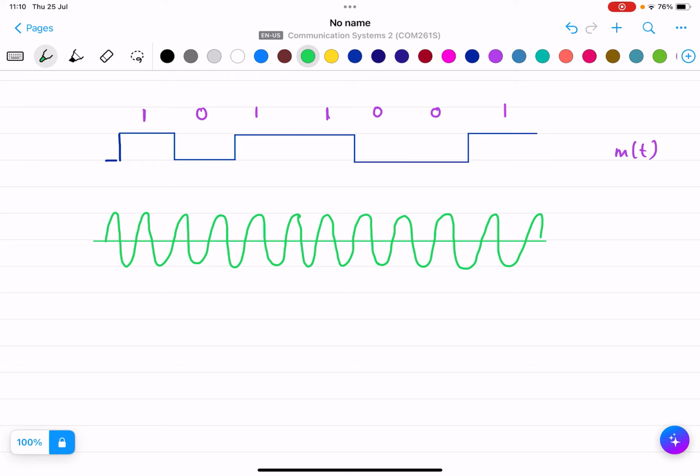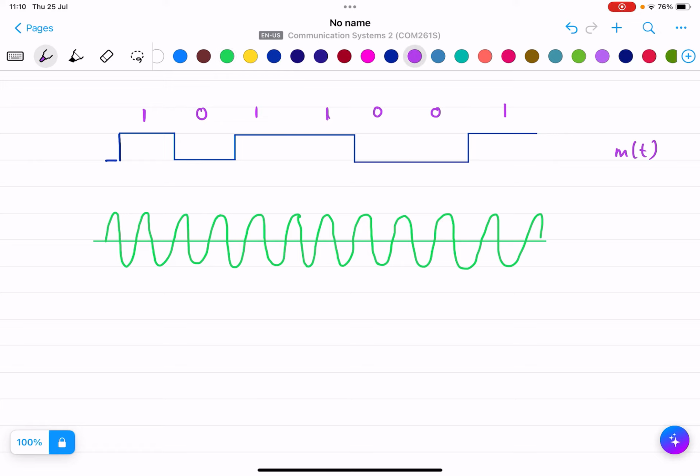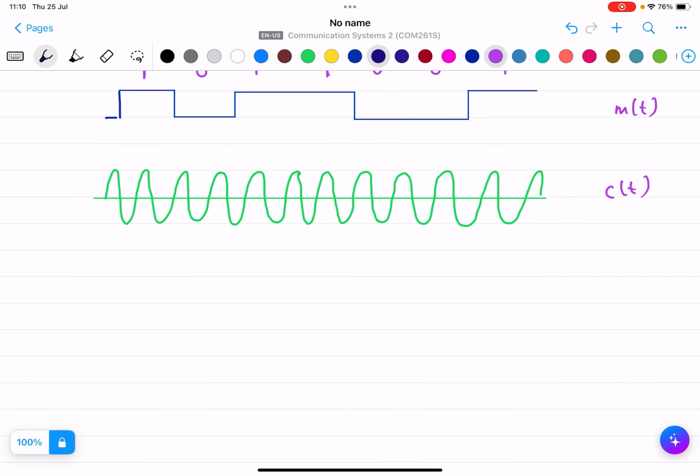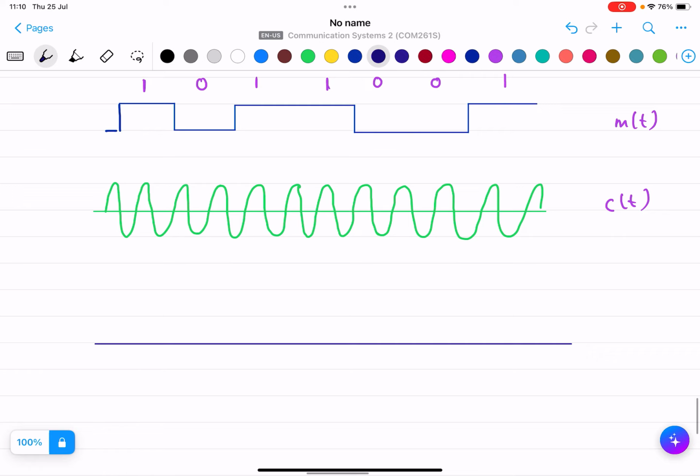So let us say this is my carrier signal c(t). Now how to make the final waveform for ASK?